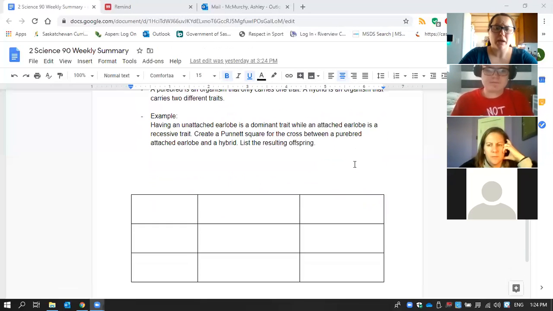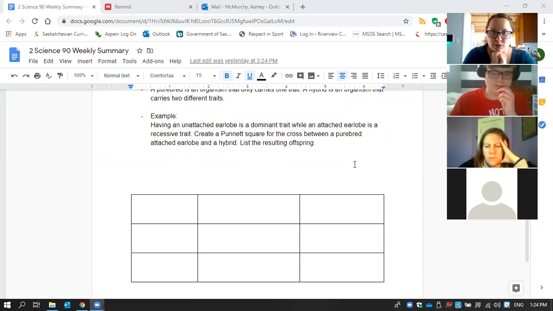Okay, so we're going to do a quick Punnett square together. This one's really important because you guys know from my marking that I can be pretty picky, so I want to be really specific about what I'm looking for in a Punnett square. We'll do this through an example. The example says, having an unattached earlobe is a dominant trait, while an attached earlobe is a recessive trait.